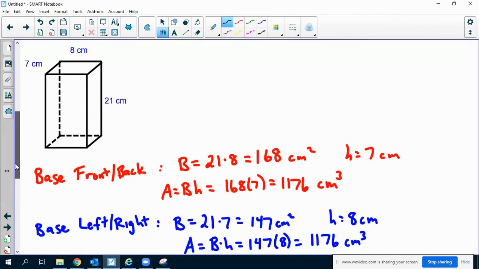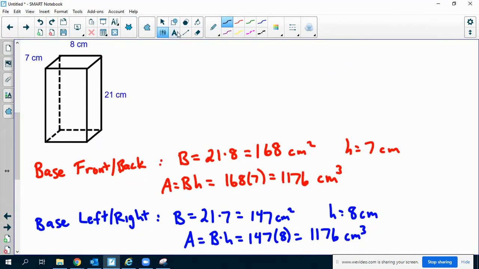Oh, and I kind of gave away what the answer is going to be. But remember last time we could calculate the surface area using anything as the base? Well, we can do the same thing with volume if I have a rectangular prism. So notice that I've already done the front and back and the left and right. So I'm going to calculate the volume if I use the top and bottom as the base.